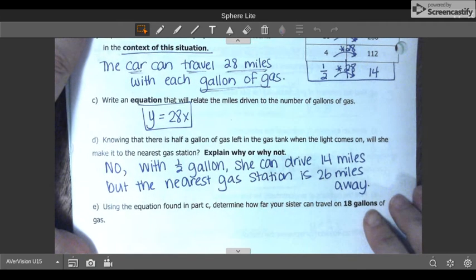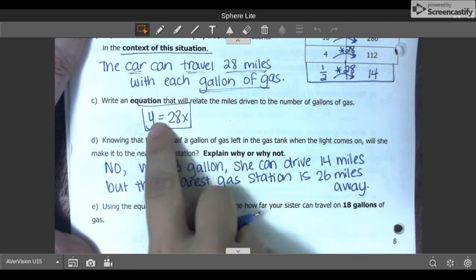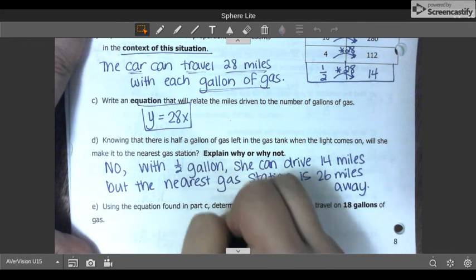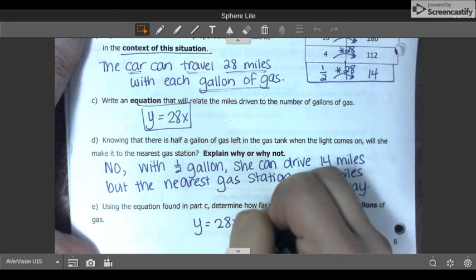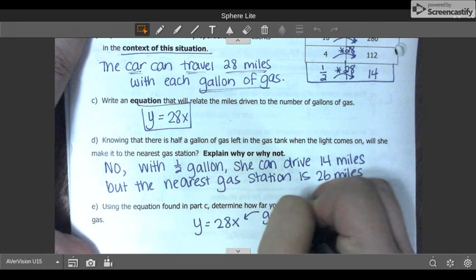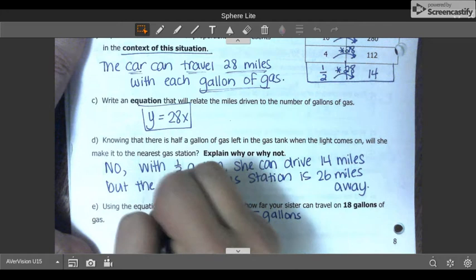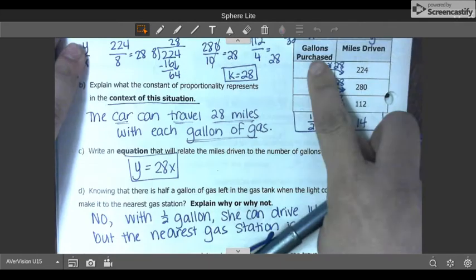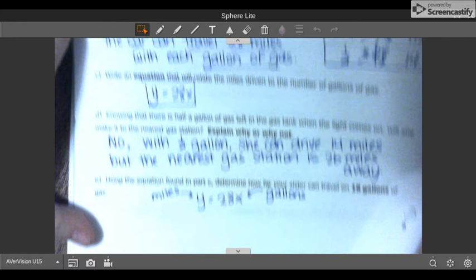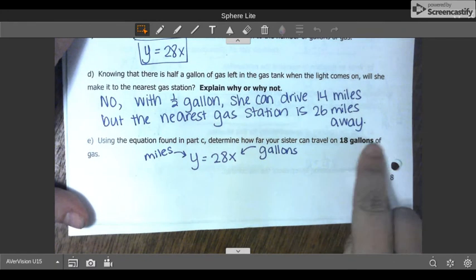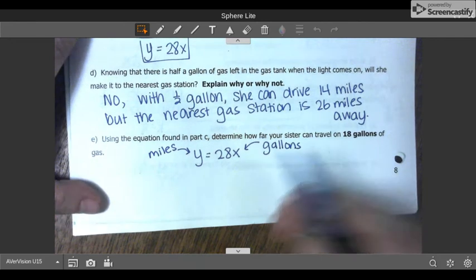Using the equation found in part C, let's go to part C. Okay, using this equation where X we know is gallons and Y we know is miles, just by looking at the table above and looking at their headings. Using the equation found in part C, how far can your sister travel on 18 gallons of gas? So that means we're going to plug in 18.